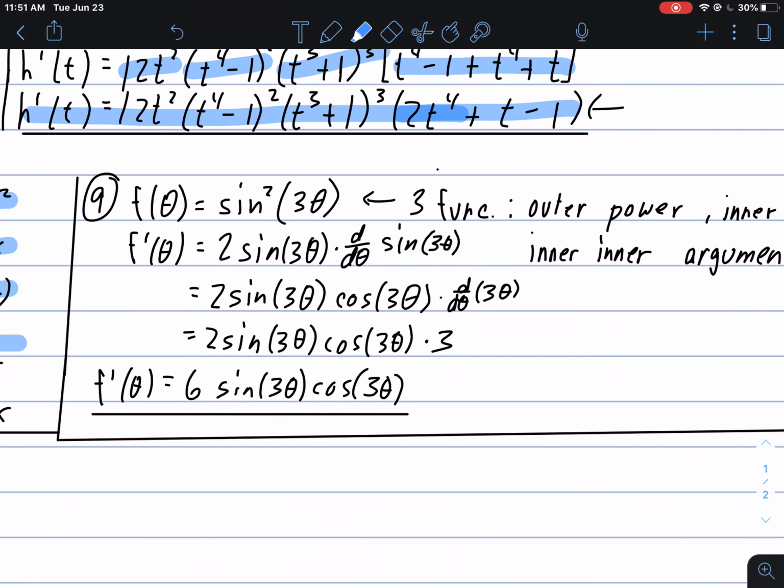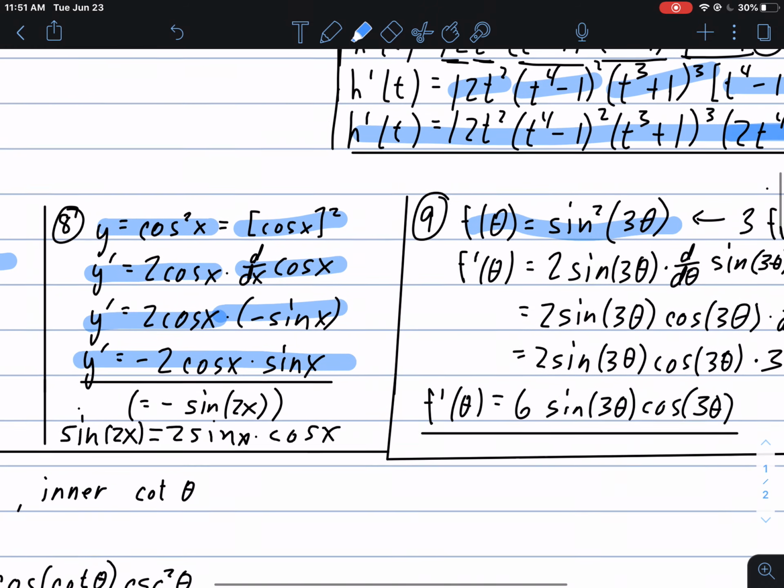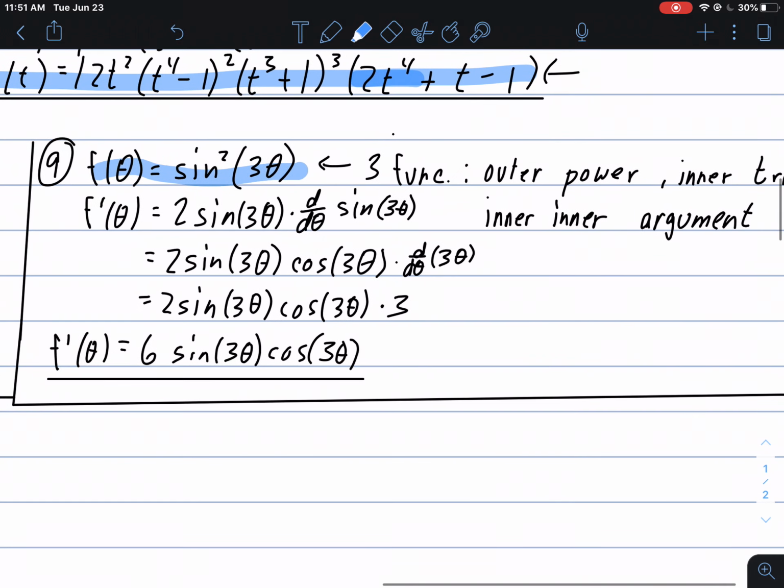Number 9. Here I've got f of theta equals the sine squared of 3 theta. All right. So similar to that previous one where I have cosine squared, but also notice I now have a function in the argument. So there's actually 3 functions in play here.